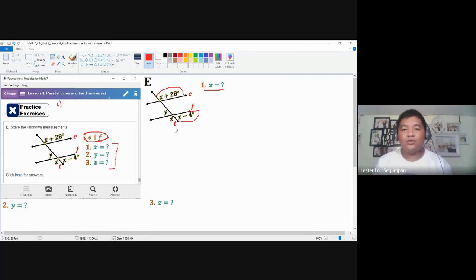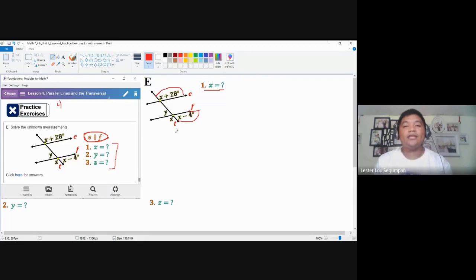Aside from those two, we cannot also call them corresponding angles because corresponding angles must have one of the two being on the interior. But since both of them are found on the exterior, we can only use either alternate exterior angles or same side exterior angles. To determine the correct pair of angles here, look at the two given angles.